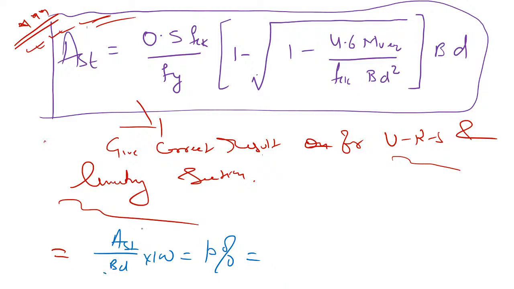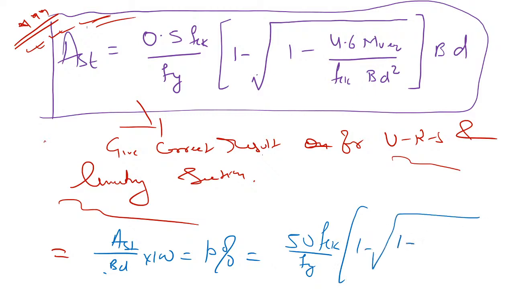AST upon BD into 100 is what percentage? So this P in percentage is equal to, so BD I have taken there and I have multiplied by 100 here as well as here. So this 0.5 into 100 will become 50. So this is the another format. Similar thing, only here you are writing in terms of percentage.